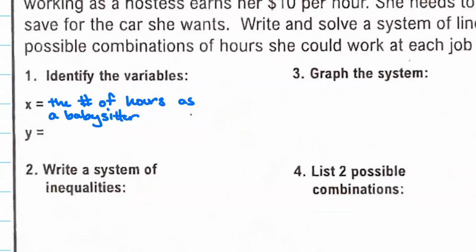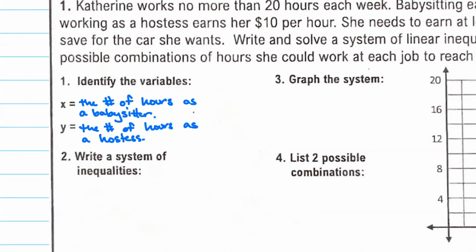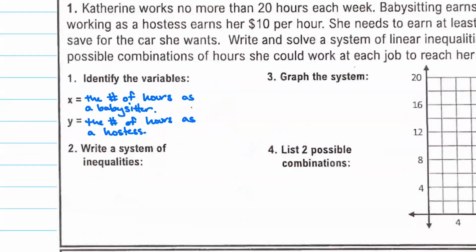And similarly, we're going to let Y represent the number of hours worked as a hostess. All right, so there's our variables. I have my X defined, I have my Y defined.